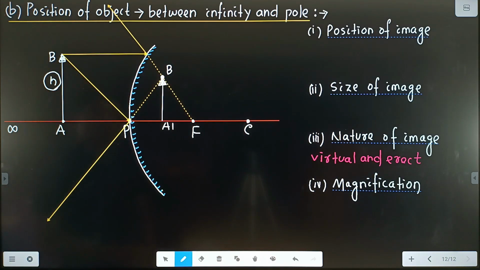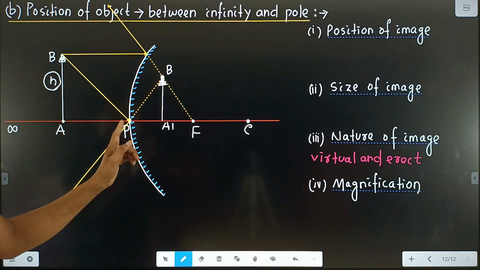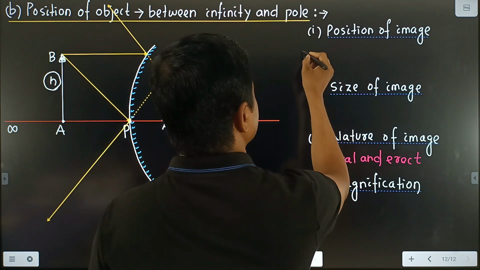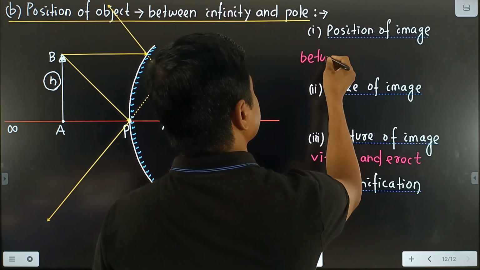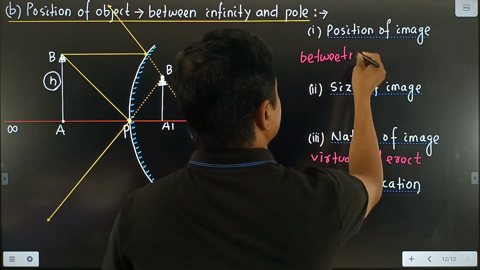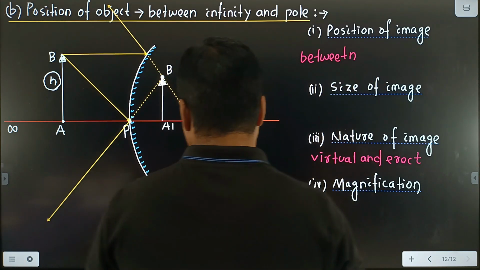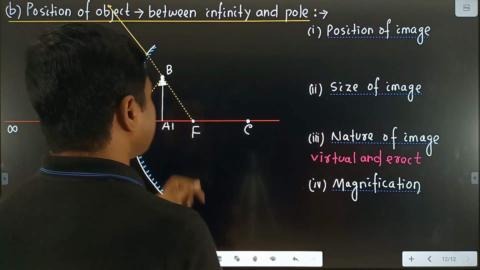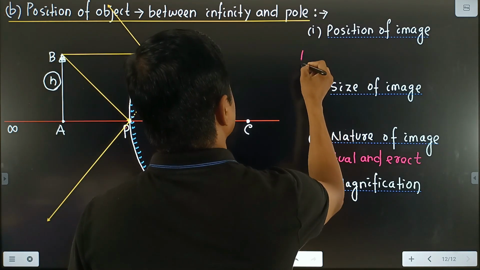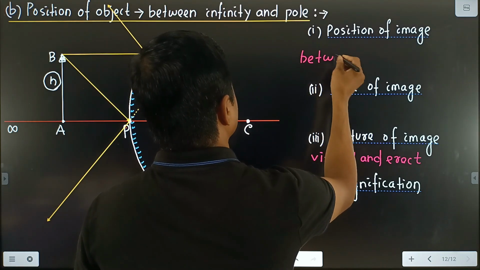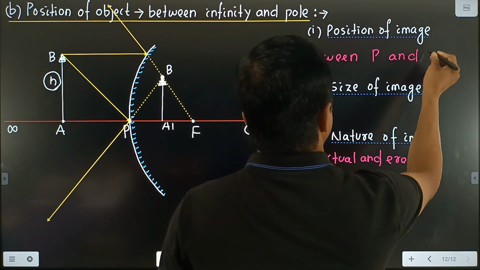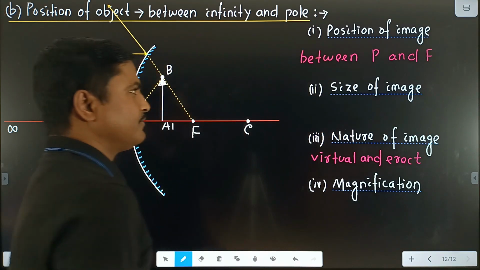And what is the position? Here the image is formed in between pole and focus. So we write image is formed between pole, P for pole, and for focus we write F. Clear?